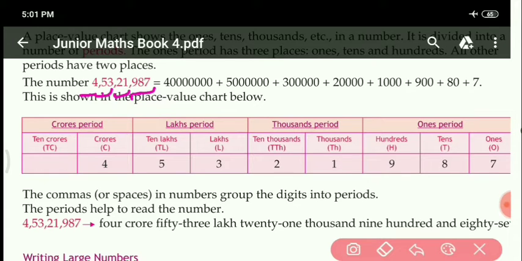So here 7 is in the ones place, 9 in the hundred place, 1 in the thousand place, 2 in the ten thousand place, 3 in the lakh place, 5 in the ten lakh place, and 4 in the crore place.